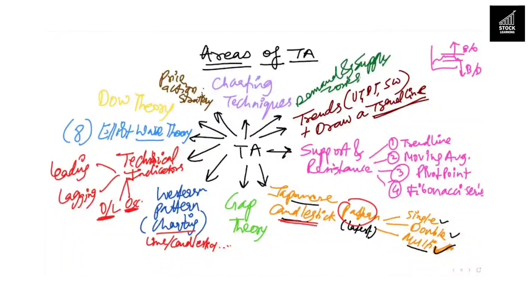These are all the different areas of one single word which you all know, which is technical analysis. But remember, you have to study all of these eventually in life to call yourself a real technical trader, a real technician. You can't ignore any of these. All the areas are important.